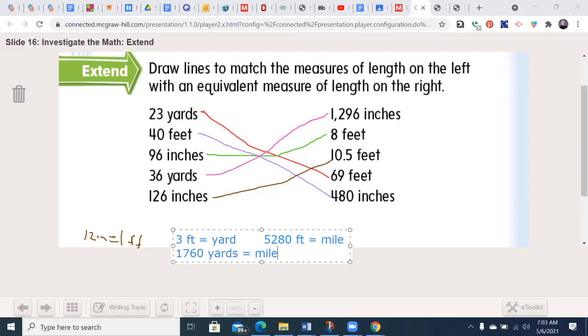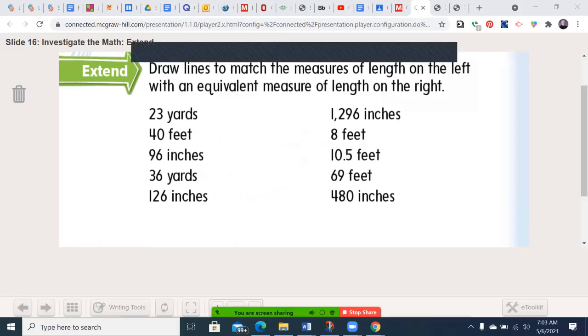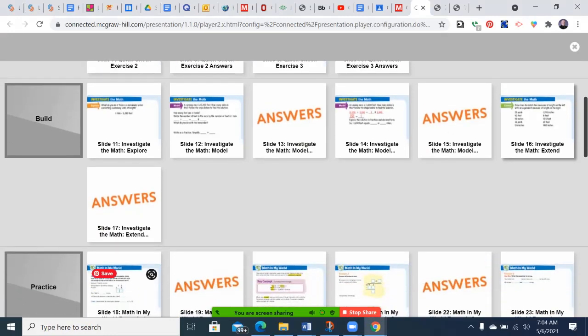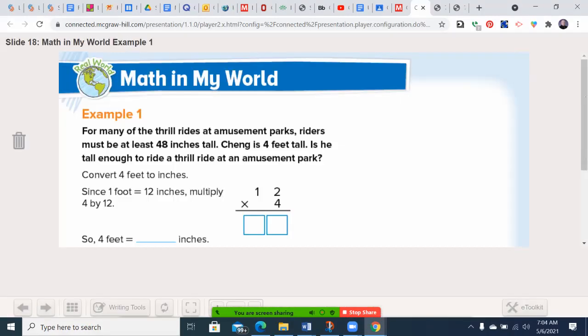When resources are available, feel free to use them to make sure you're able to convert. All right, let's get into the textbook here. Pardon me. It's going to be page 807. There are some highlighted words here in the key concept box, and it's a reminder of what I just said here.